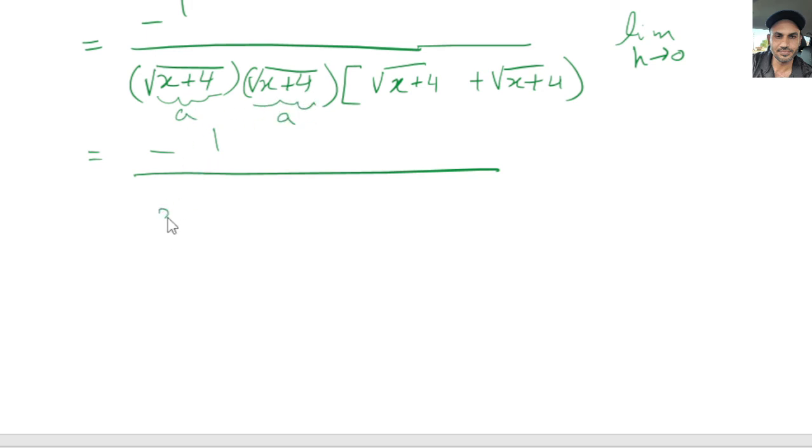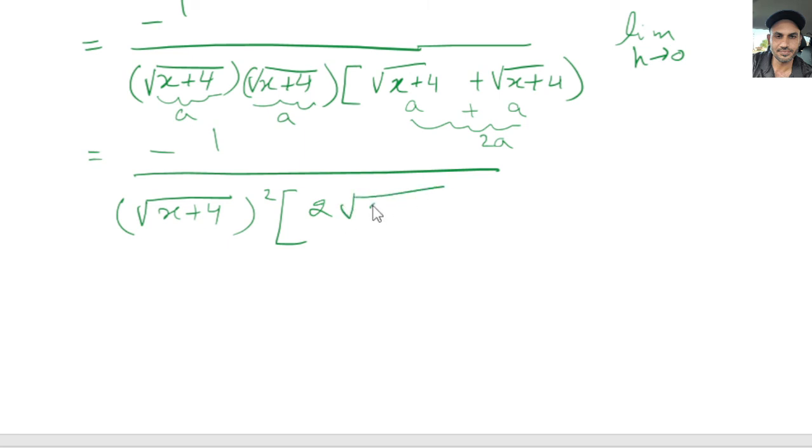So we're taking the square root of x plus 4, and we're squaring that. And here we also have a and then we're adding an a, so that becomes a plus a equals 2a. So this becomes 2 square root of x plus 4.